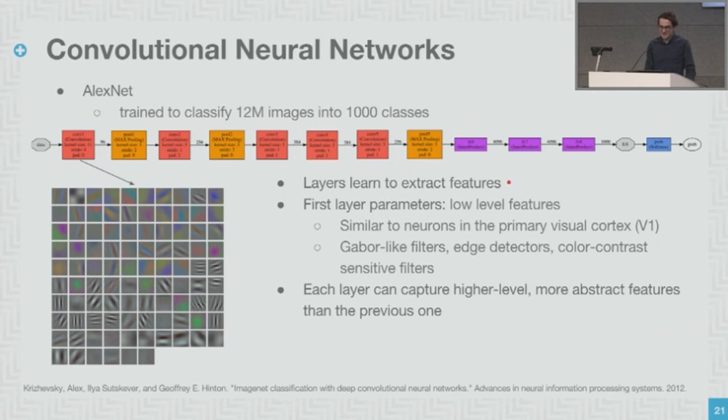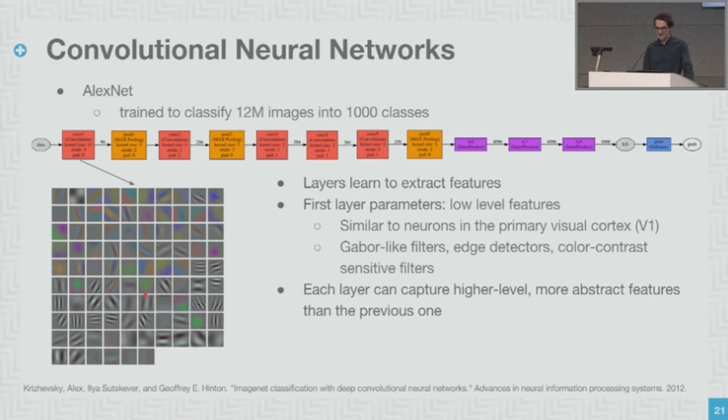What's interesting about this architecture, and convolutional neural networks in general, is that layers learn to extract features, and we don't have to manually engineer filters. It basically designs the filters by itself. Here, for example, is an illustration of the first layer parameters that were learned completely from data. None of these filters were designed manually.